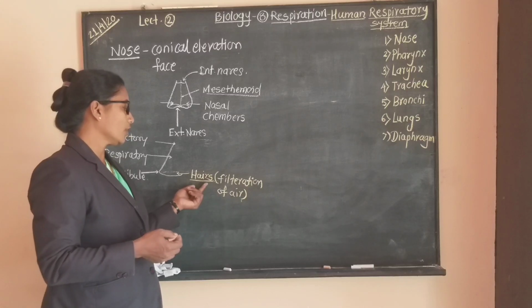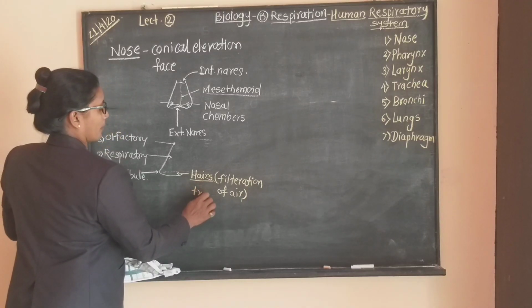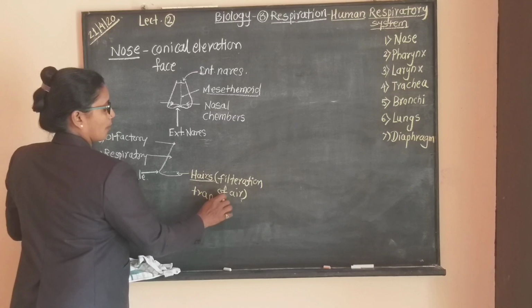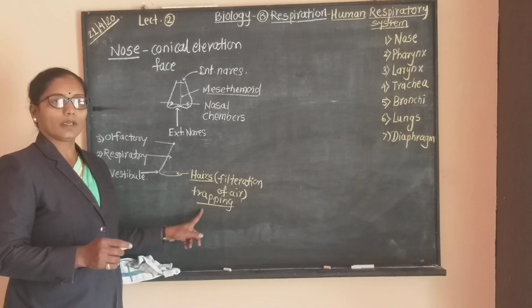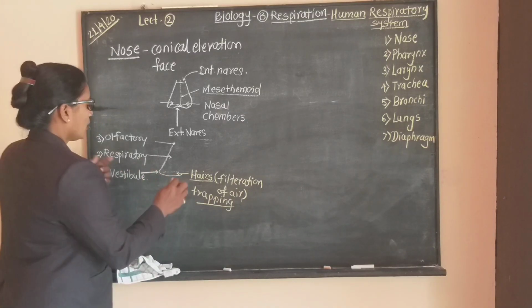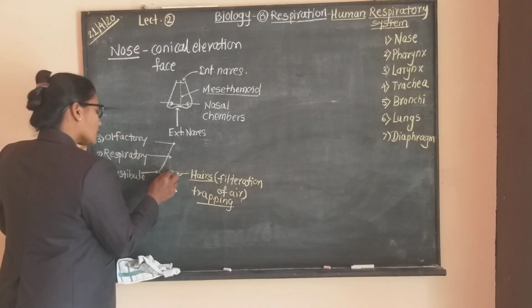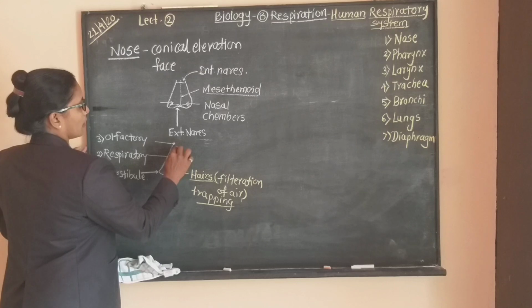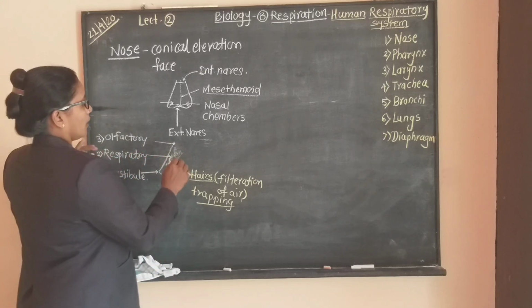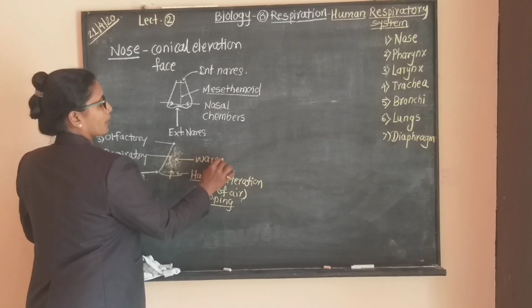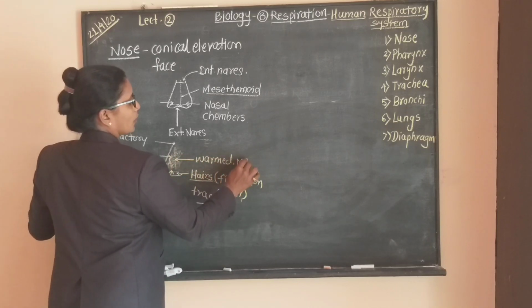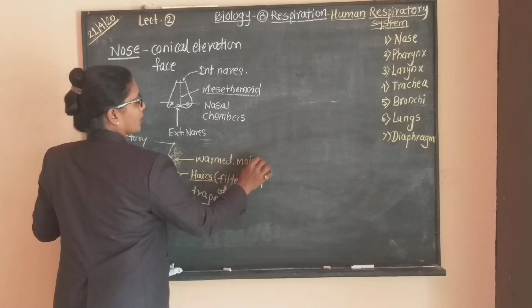By the filtration, there is trapping of microorganisms if they come along with the air. Once air passes through the external nares, it comes into the respiratory part. Here the air gets warm and also becomes moist.